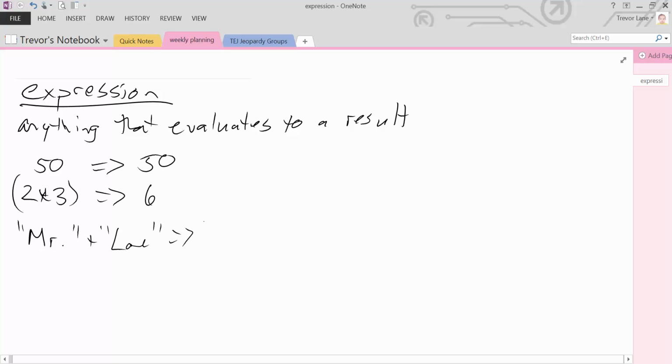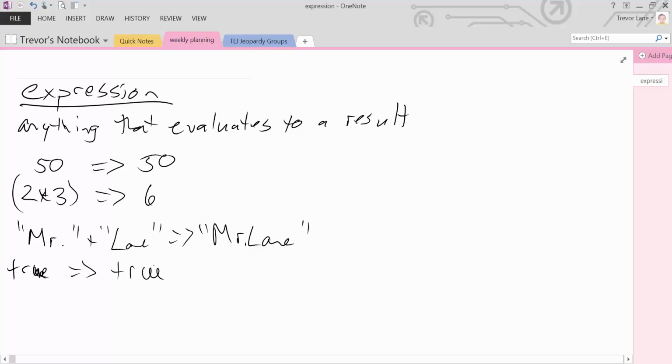That evaluates to a result as well. Mr. Lane. There also can be some tricky ones as well. You might have something like this, just true. Remember our Boolean data? True evaluates to just true. There's no complication there. That one's fairly straightforward.